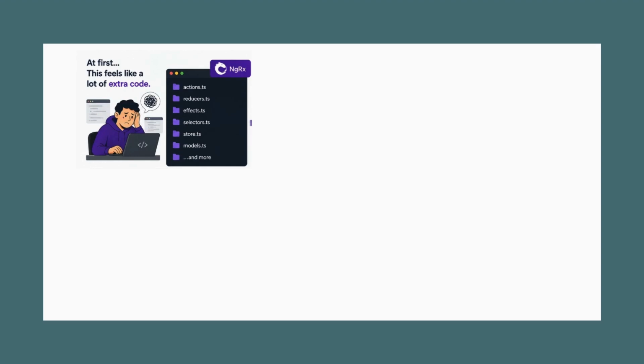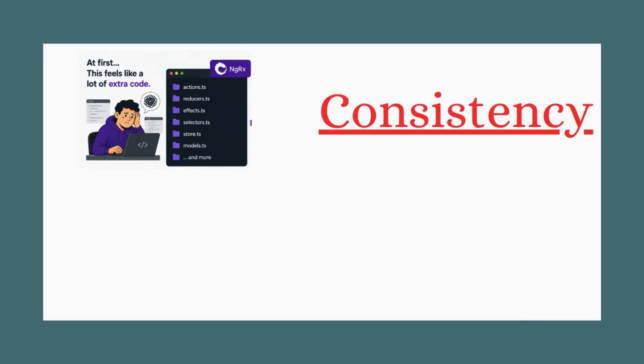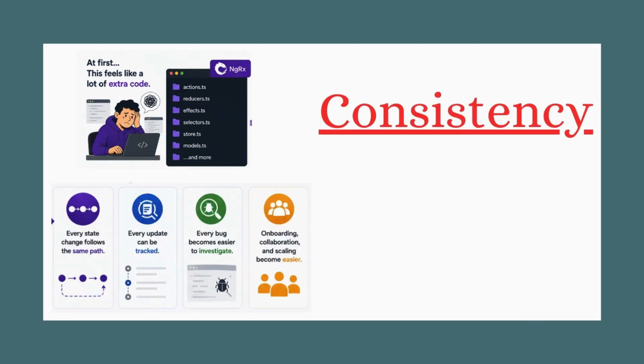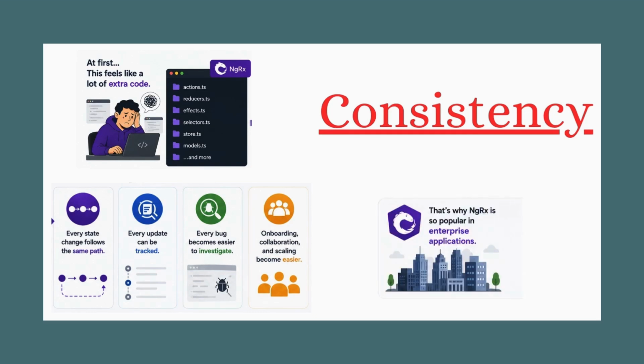But that extra structure gives large teams something extremely valuable, that is consistency. Every state change follows the same path, every update can be tracked, every bug becomes easier to investigate. That's why NgRx is so popular in enterprise applications, not because it is easier, but because it's predictable.